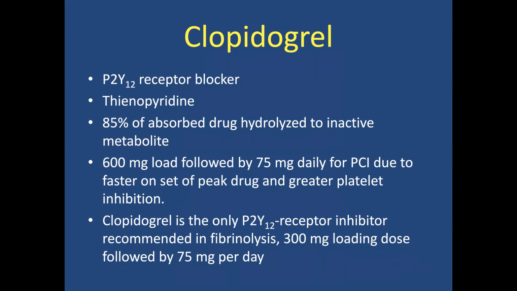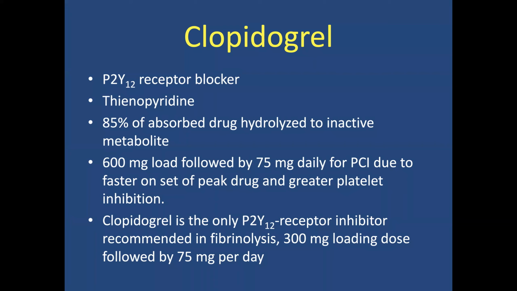So next we'll move on to the P2Y12 receptor blockers. So the first one is clopidogrel. This is still the most commonly used P2Y12 inhibitor in the United States. It is a thienopyridine. Clopidogrel is a prodrug.